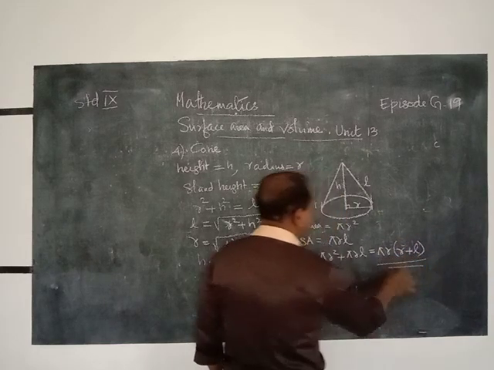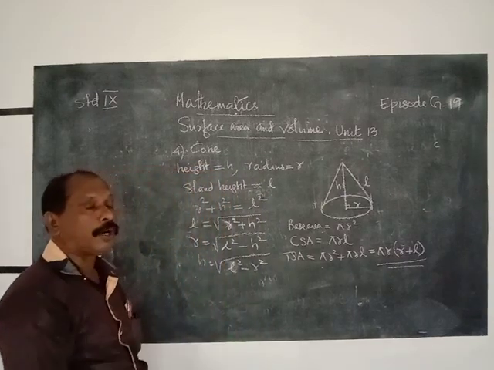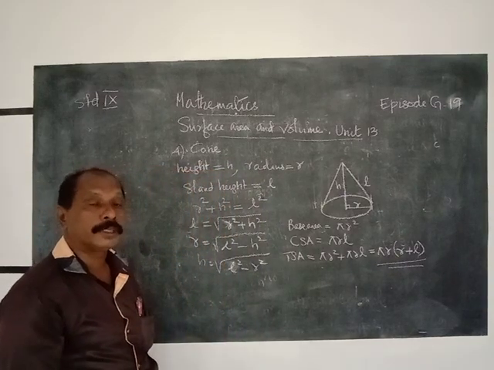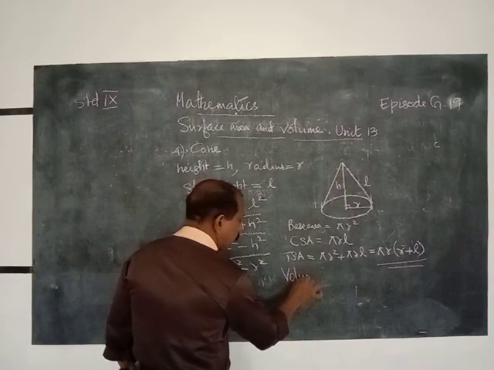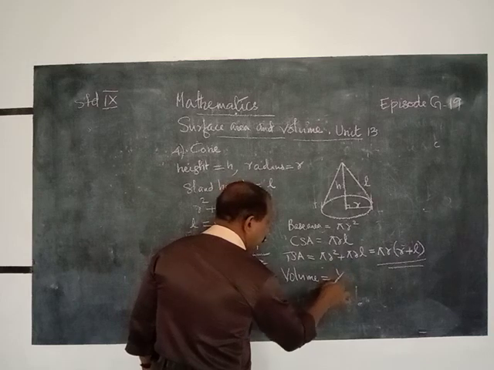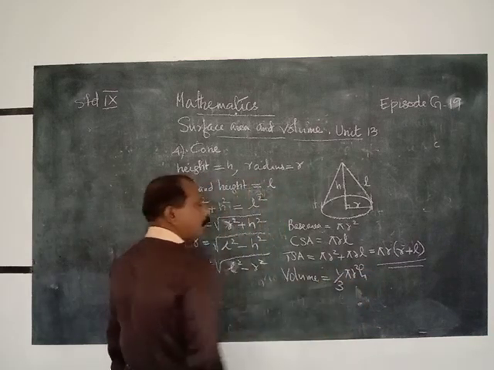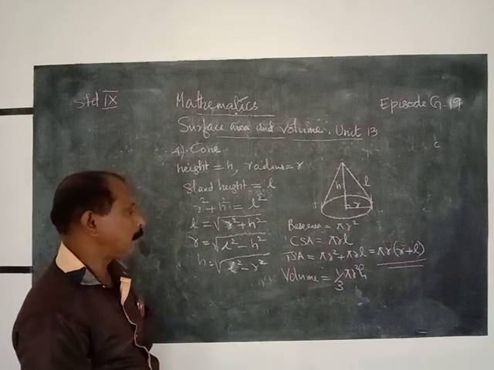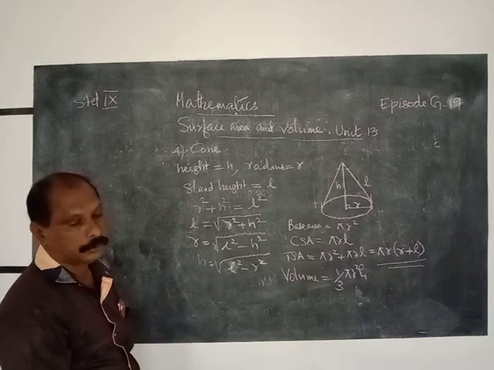That is the total surface area of the cone, and the volume of the cone is 1/3 of the volume of cylinder. Therefore, volume is equal to 1/3 pi r square h, where pi r square h is the volume of a cylinder. It is 1/3 part of that. That is the volume of the cone.